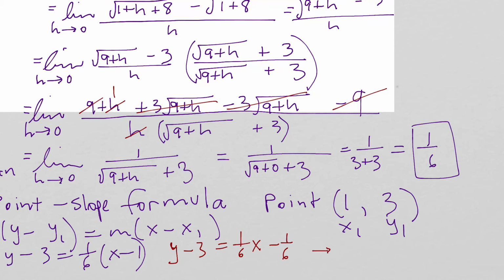So that's y is equal to 1/6 x, and then I've got minus 1/6 plus 3, and we need some 6 there, so that's 18/6. So that's y is equal to 1/6 x plus 18 minus 1 is 17. Alright, so that's our equation of the tangent line. And you want to get it in y is equal to mx plus b form by simplifying point slope formula.